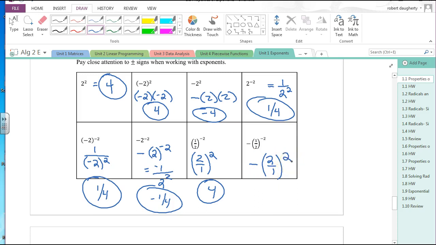What's 2 over 1 squared? Yeah. Well, -4 in this case. So all good stuff. The biggest challenge here is just slow down. The mistakes that are made here are arithmetic mistakes. So you want to be careful.